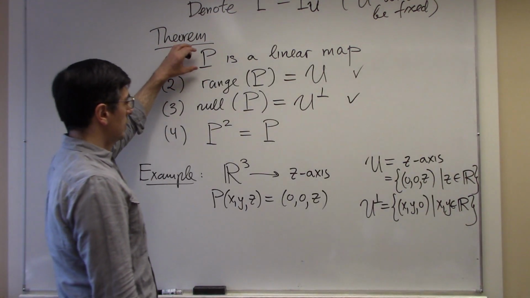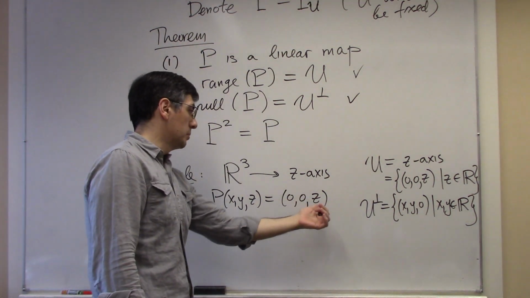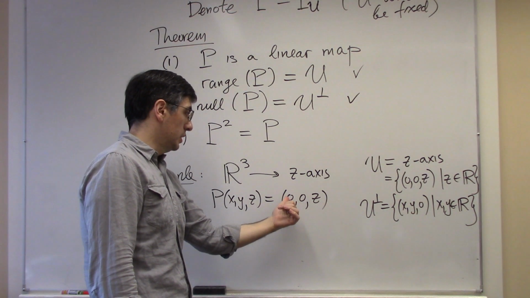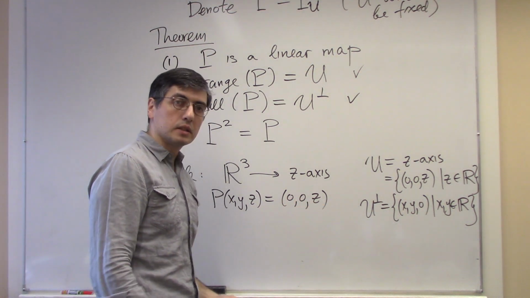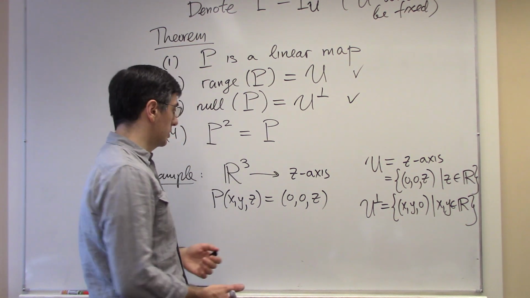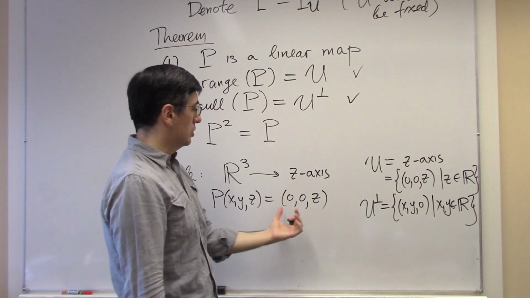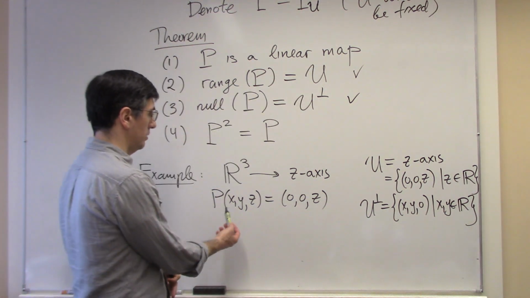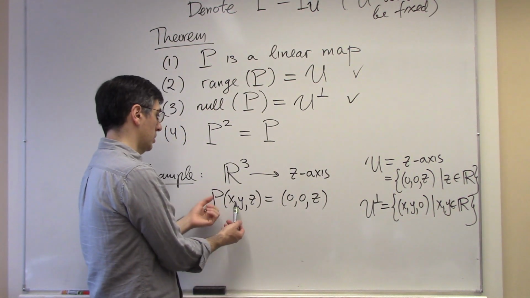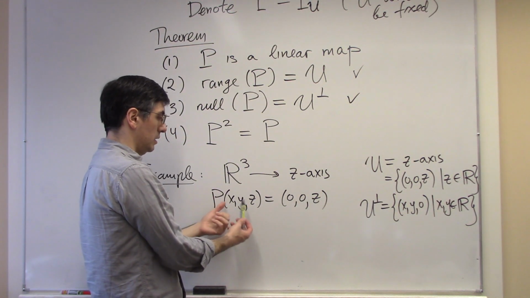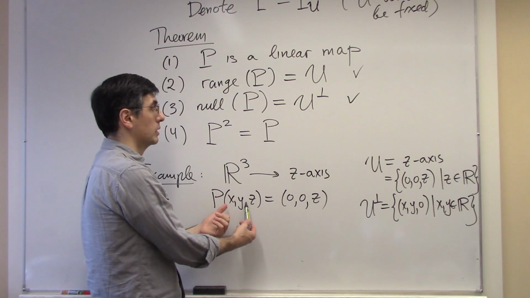So this is a linear map. That's clear because in terms of equations, all these coordinates are linear equations without constant terms. The range is U. Well, it's clear. If you take any specific value, you have many other triples with that number as the third coordinate.